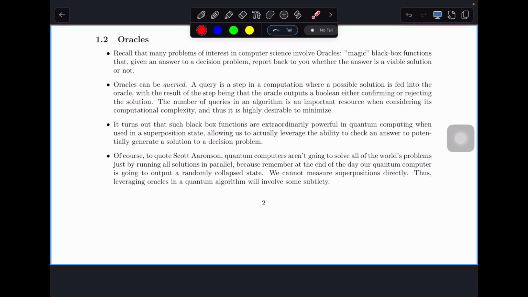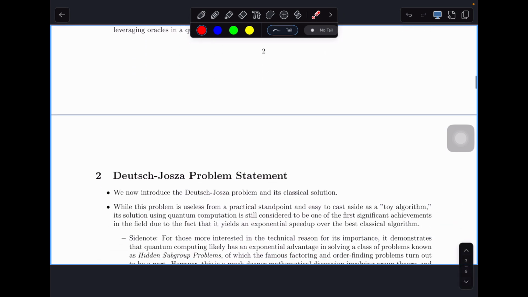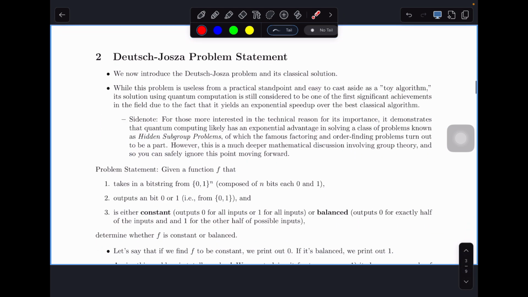In many cases in computer science, it's really easy to check a solution, meaning to program an oracle, but the thing you're interested in is finding a solution. So this isn't a computationally infeasible presumption. We're going to see what happens when we call an oracle on a superposition state. That's the idea we're going to build moving forward.